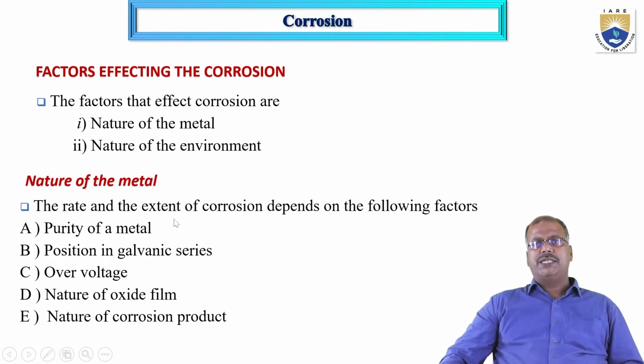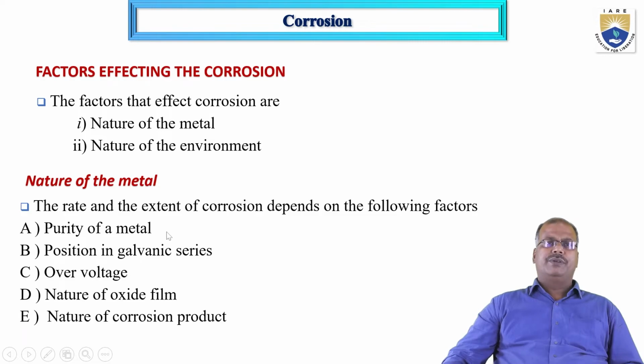The rate and extent of corrosion depends on the following factors: purity of metal, position in the galvanic series, overvoltage of hydrogen, nature of oxide film, and nature of corrosion product.